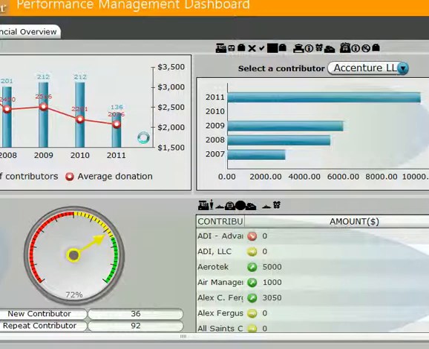This is another one actually, but this is showing, for a non-profit organization, how many donors and how much are they giving over the last 4 years. So from 2007 to 2011, you are seeing how many, that's the bar chart, and then the line chart is telling you how much they are contributing.